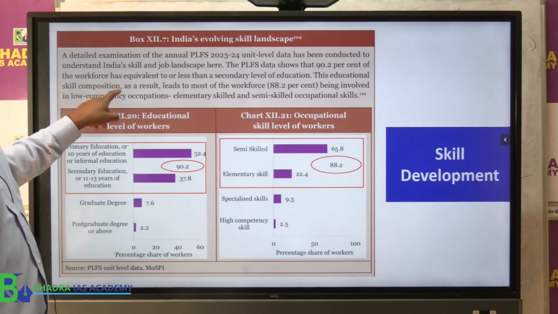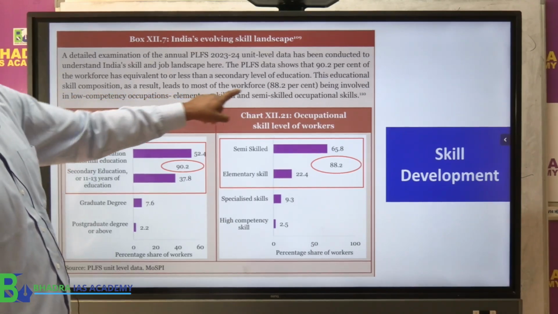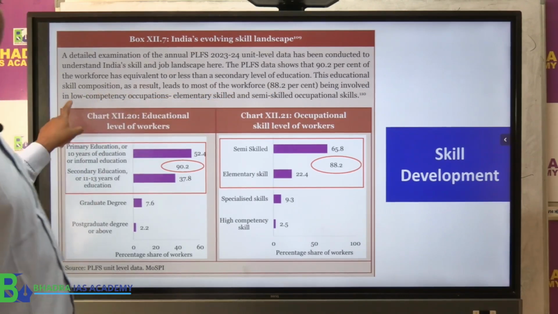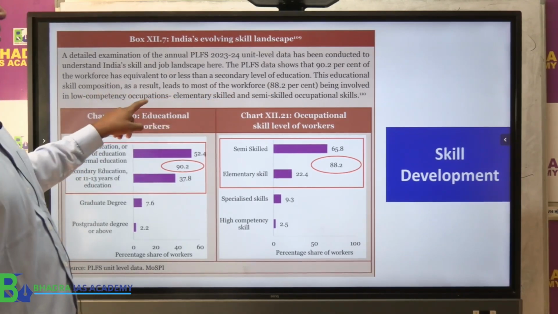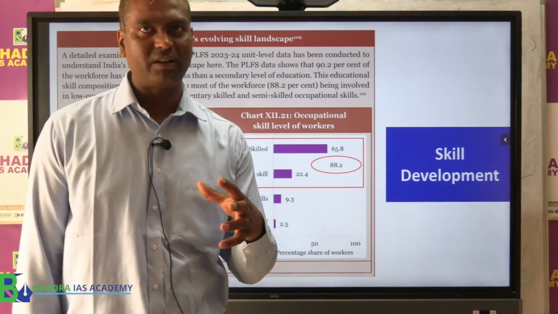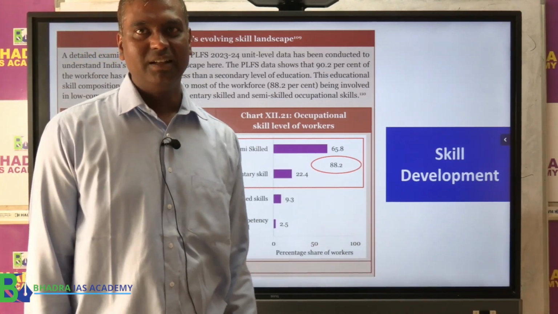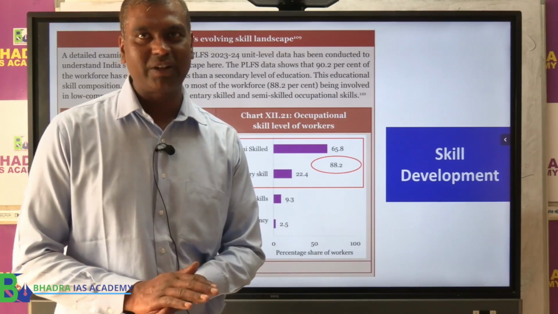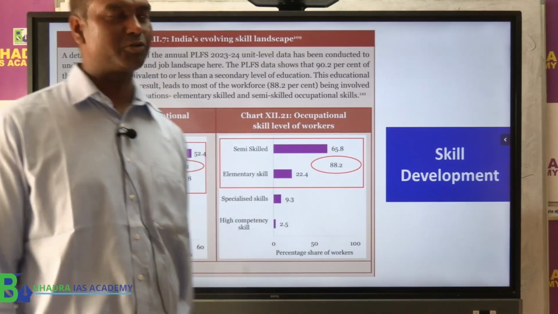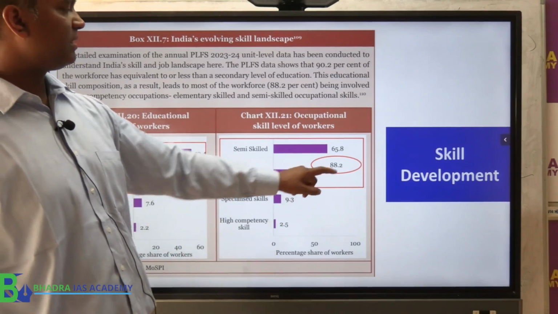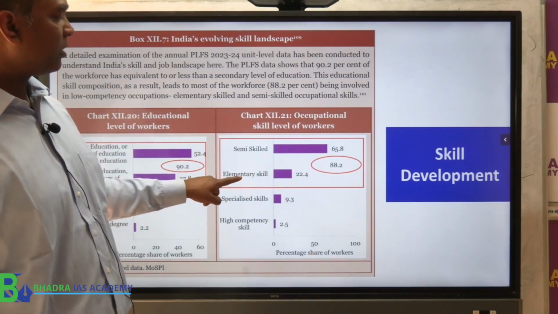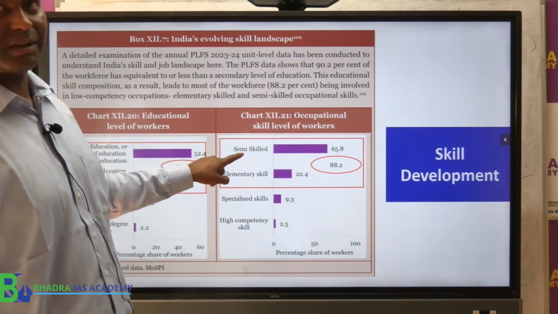The educational skill composition leads to most of the workforce being involved in low-skill occupations, where you don't require skills. Most of them are in jobs where you don't require even basic skills. So 88% are in elementary skill and semi-skilled jobs.